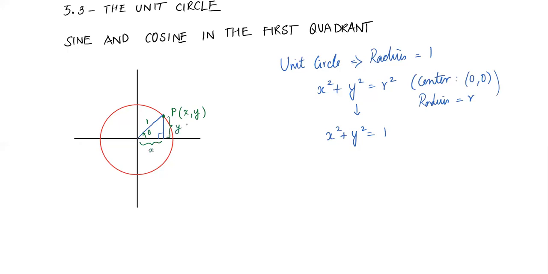This is x and this is y. And that's how you get x squared plus y squared equals 1. This is the equation of a circle, but this is also your Pythagorean theorem, because the Pythagorean theorem says c squared equals a squared plus b squared. And because it's a right triangle, we do have that relationship there.